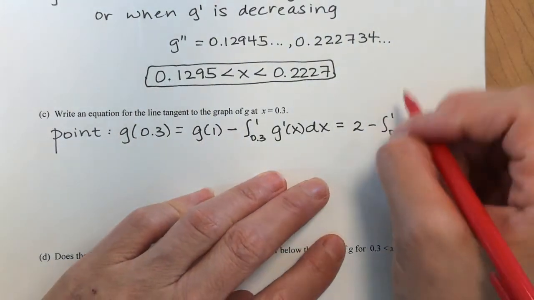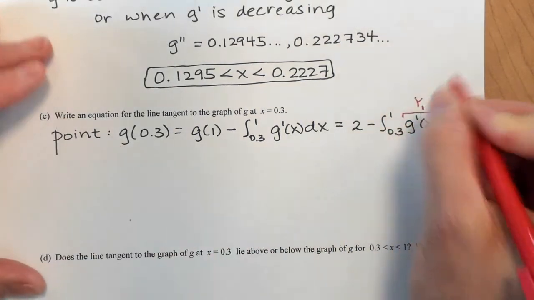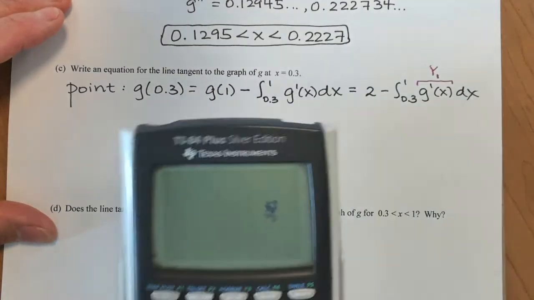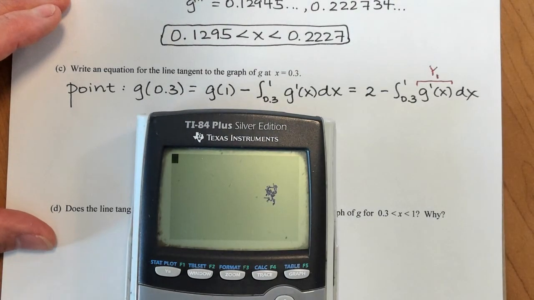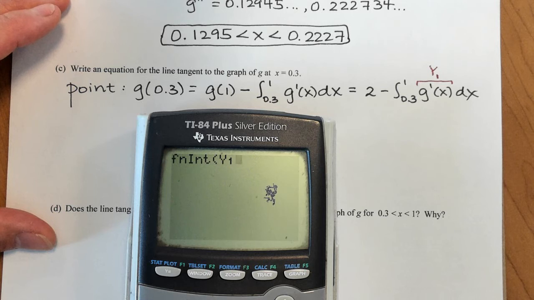And let's remember that in my calculator, I have typed g prime into the y1 equation, so I can use the vars menu. So I'm going to do math 9, the integral, vars, y1 from 0.3 to 1, and that is 0.45399. And I want 2 minus that value.